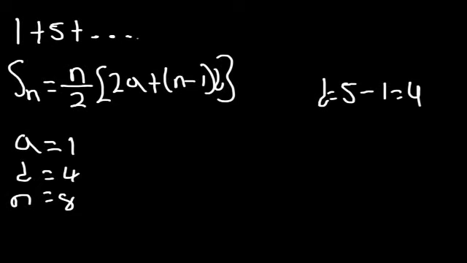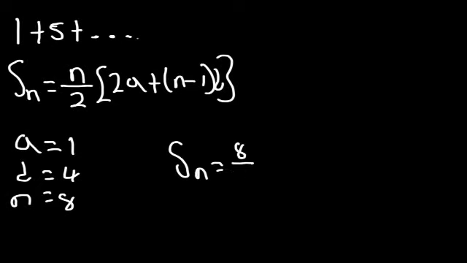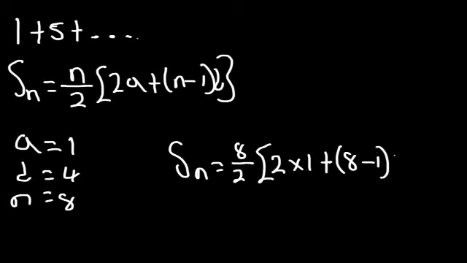And boom, just substitute. Then you have the sum of the 8 terms. So s of n will be 8 by 2 times 2a, or 2 times 1, plus 8 minus 1 multiplied by 4.